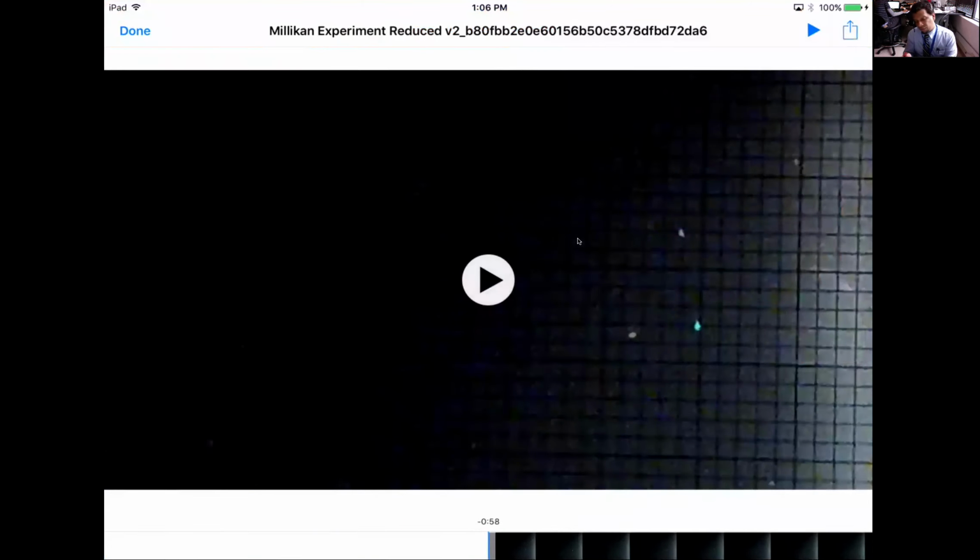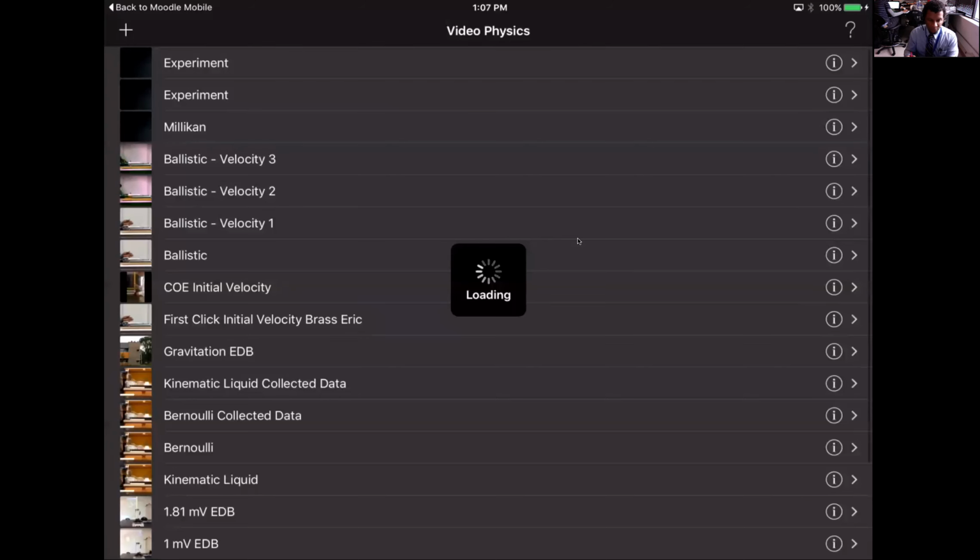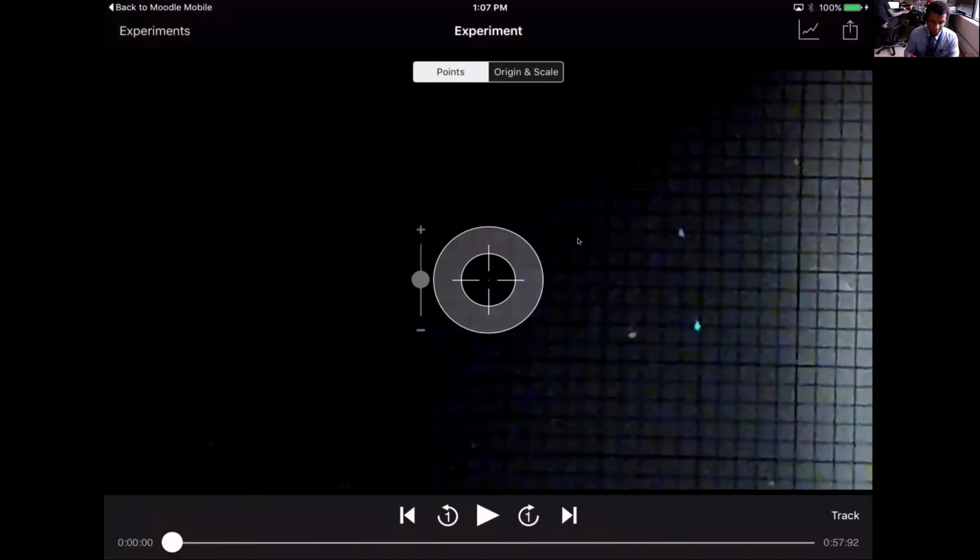I was going to show it to you, but I might as well take it over to Video Physics. Okay, so if I play this, you'll see this big oil droplet here. It's going to fall, and then when I switch the voltage, it'll rise. So we're going to track this oil droplet, okay? And we're going to use our tracking feature here.